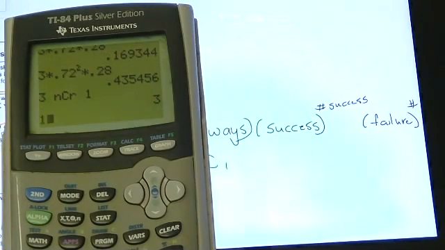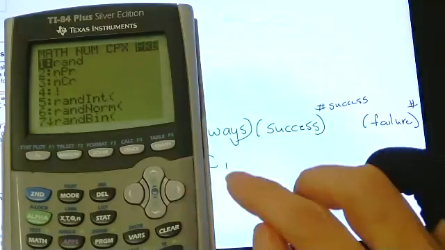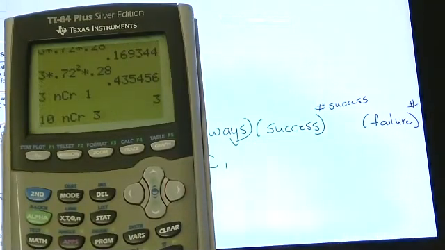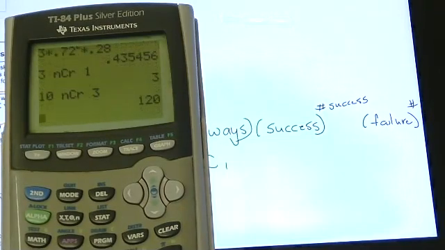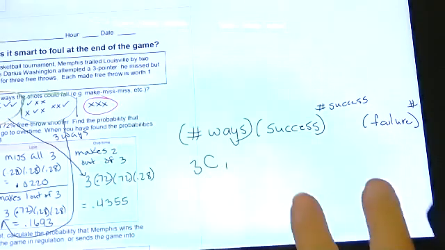What if I had 10 shots at the basket and I wanted to make 3 of them? How many ways can you make 3 baskets out of 10 attempts? There are a lot of ways. We would not want to list them all because there are 120 ways. But that's how you find the number of ways: you do a combination on your calculator.